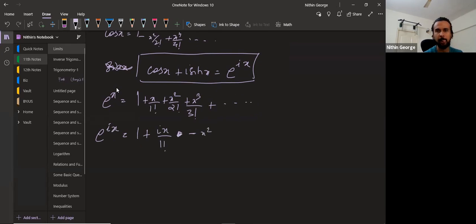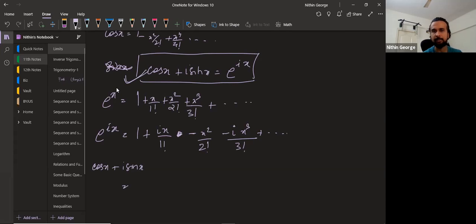Minus 1, since i is root of minus 1. And then plus i cube x cube by 3 factorial, where i cube is nothing but minus i, and so on. Now, e power ix is nothing but cos x plus i sin x.